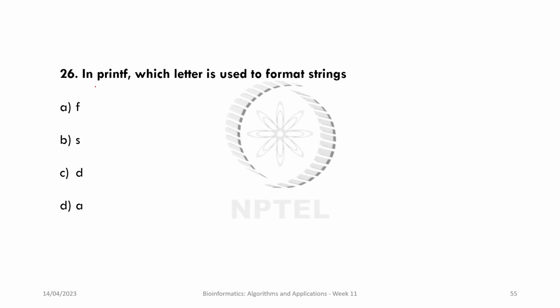Okay, this is the simplest and last question of the day. In printf, which letter is used to format strings? Is it F? Option B, S? Option C, D? Option D, A?